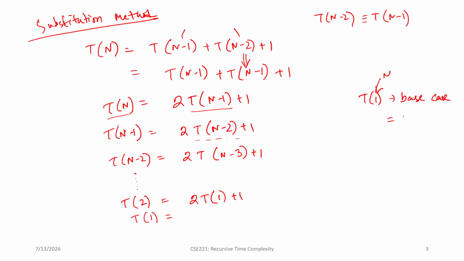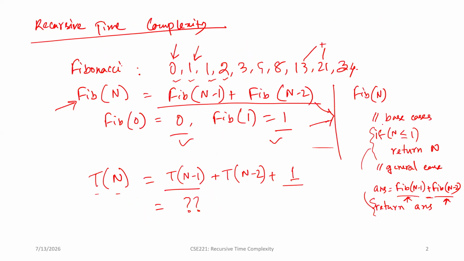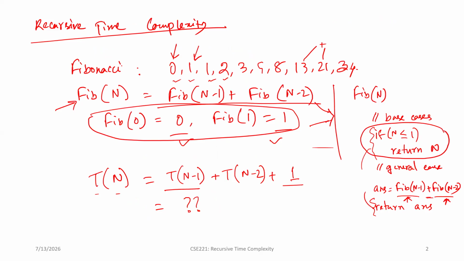Then the time complexity is also constant because we just saw that these are the base cases of our recursive formula. And here in the function, that's also the base case which doesn't have any recursion, which doesn't have any loops. So it's a constant time complexity task.